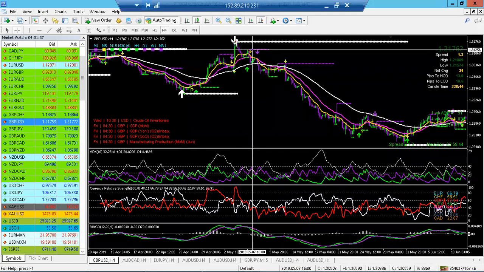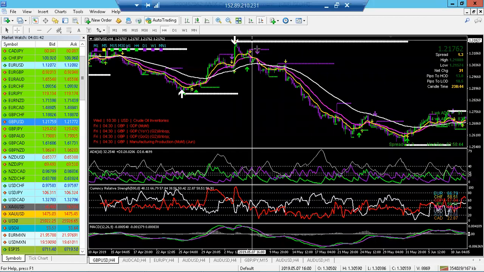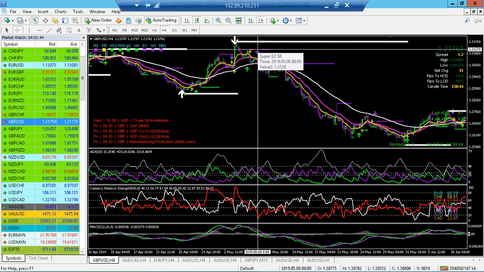Yeah, so if you took this trade, you can put it here with the daily dots, or you can put it here with the 4-hour support. But try to keep your stop loss no bigger than your first take profit. So you should have a 1-to-1 risk to reward ratio minimum.